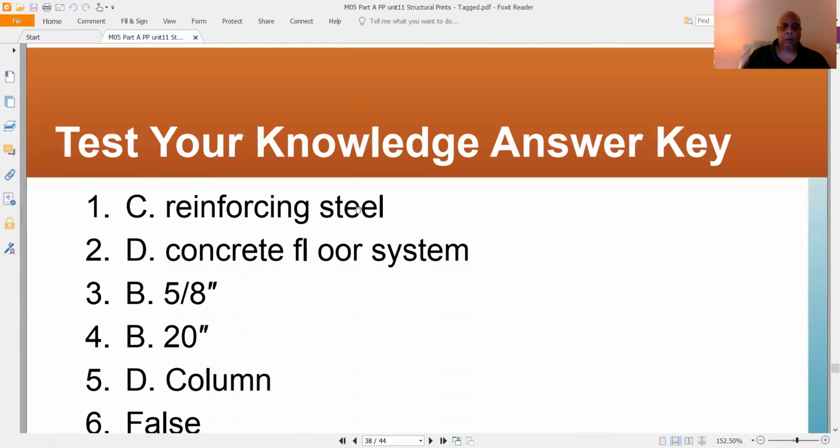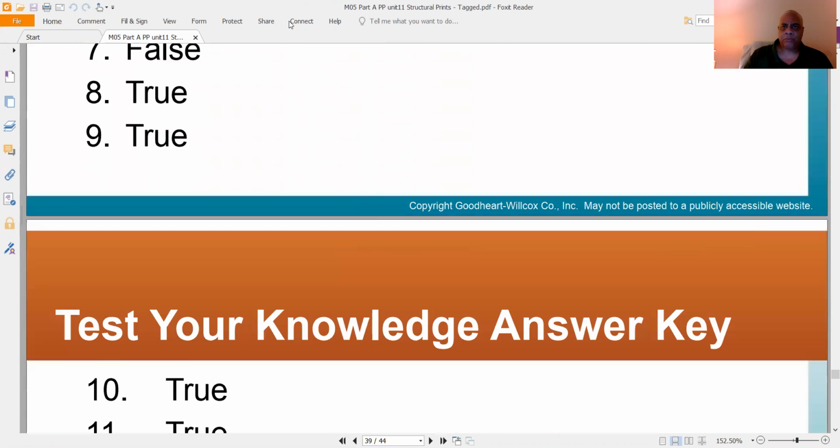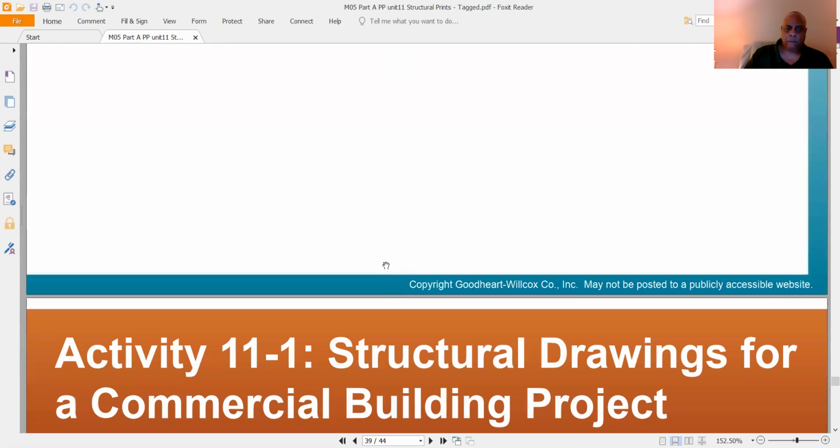So when it comes to any type of building, understand that the structure is the biggest part of the building. Structures are the ones that carry the loads, but your load is supported by your foundation.